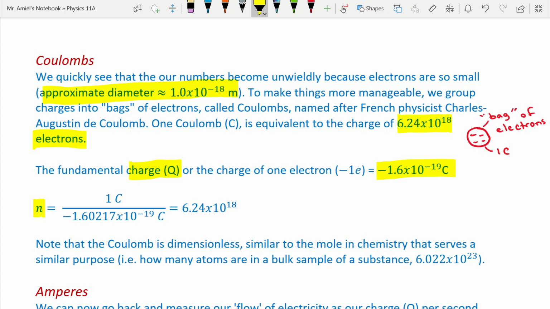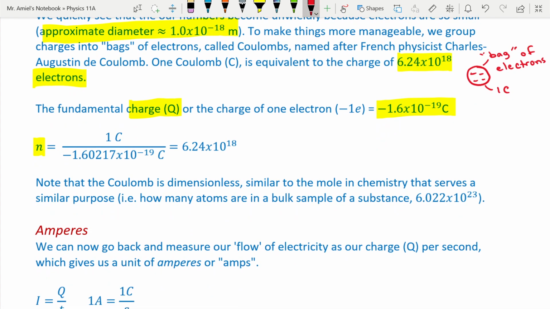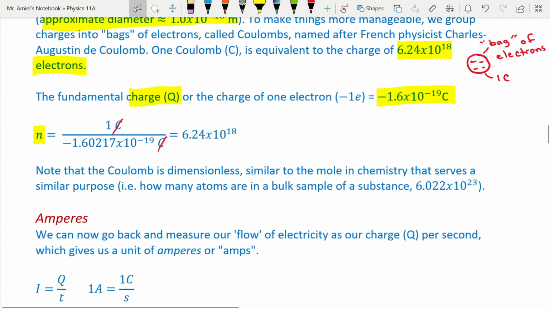Let's note here that when we do this, our coulombs cancel out, and so our coulomb is dimensionless. In chemistry, we have something similar called the mole, which serves a similar purpose.